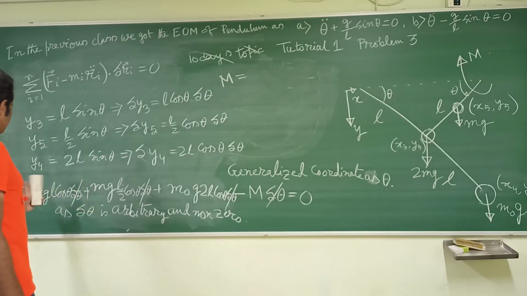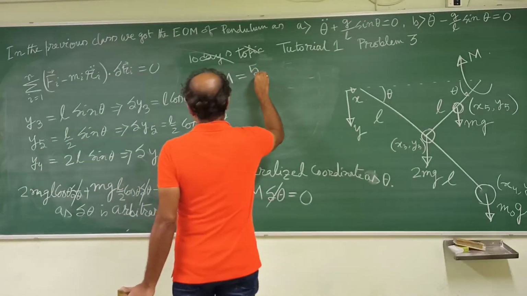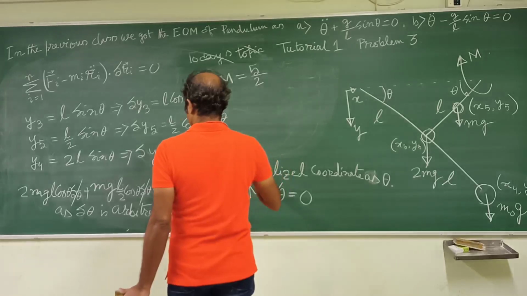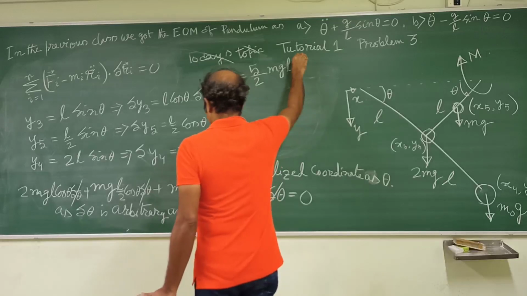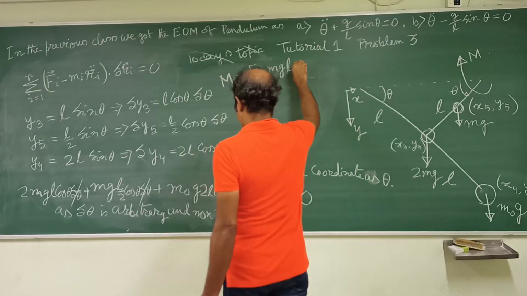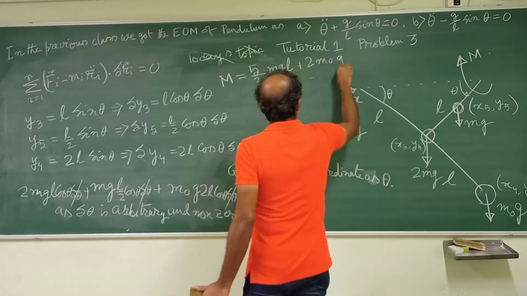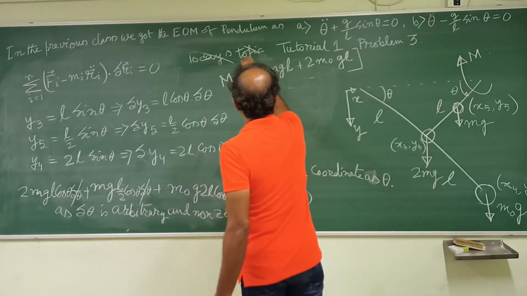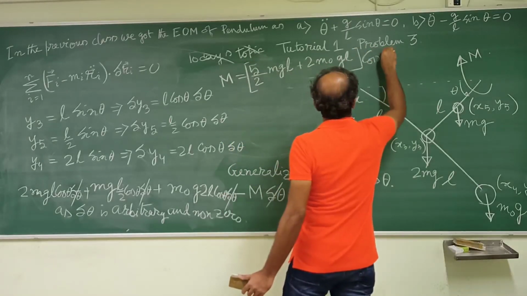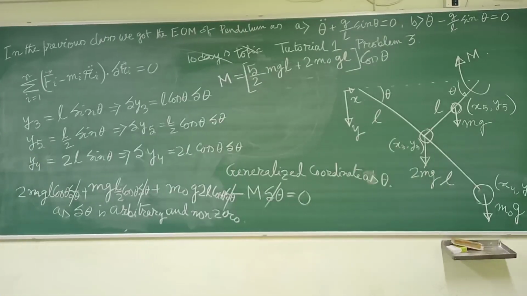So over here it is going to be 5 by 2 mgL plus twice m0 gL whole cos theta. That's all. Now this question is asking, let me see the question.